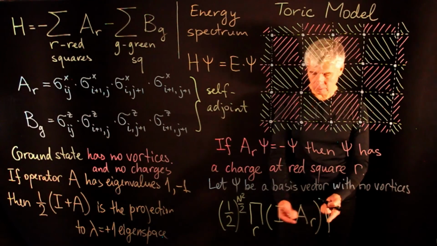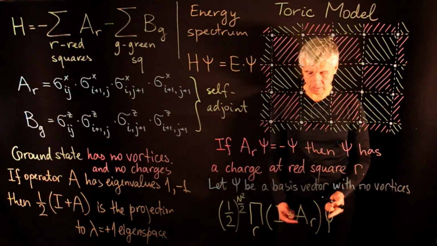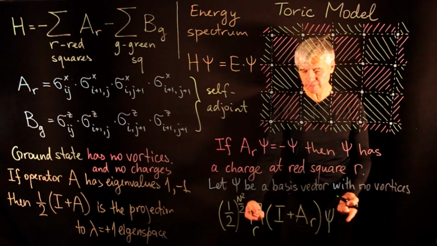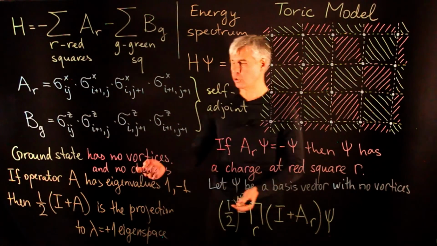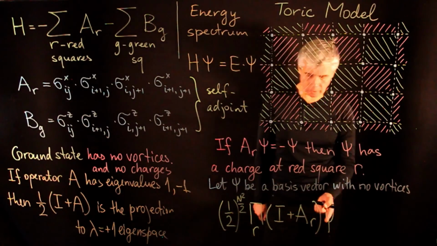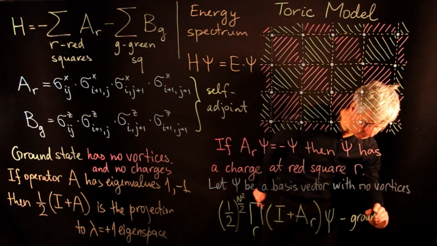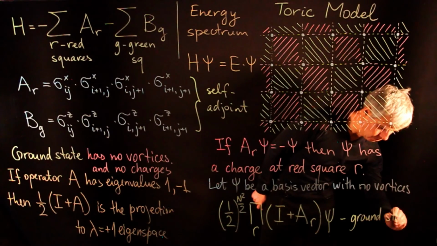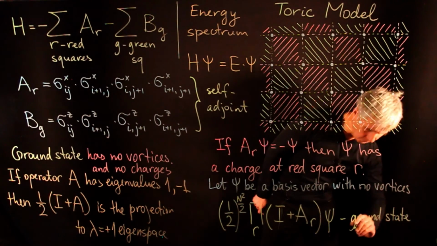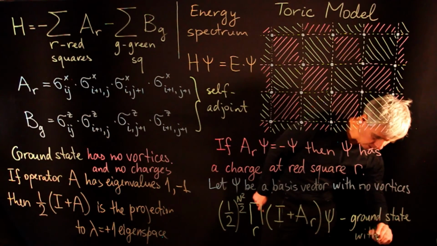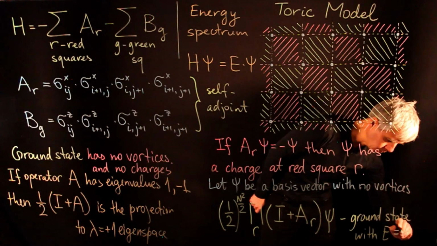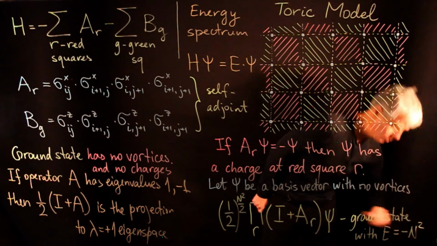And then this projection operator will ensure that the resulting vector will have no charges either. And so this will give us the ground state with energy being equal to minus n squared.